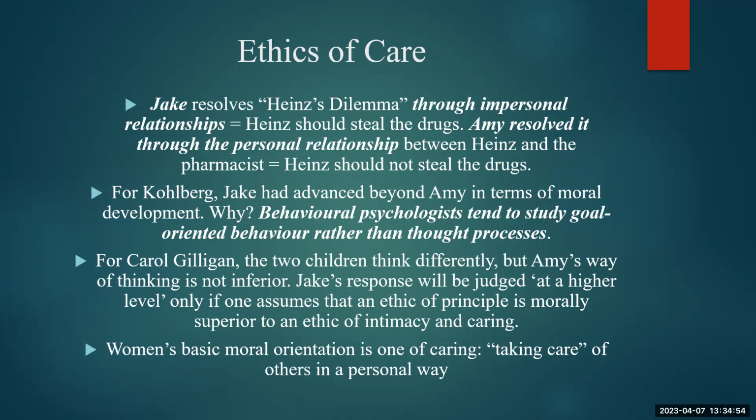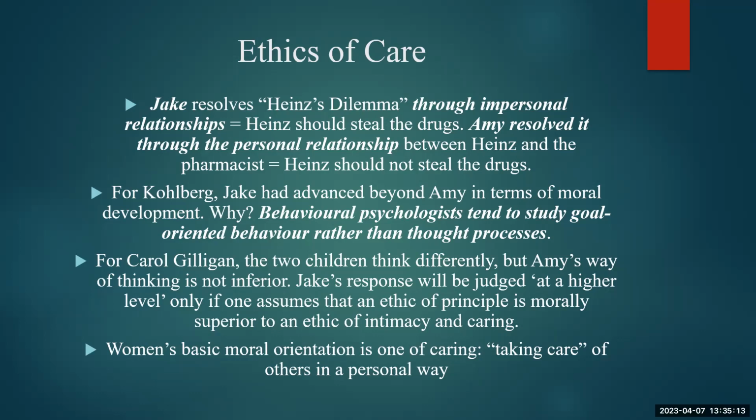So Jake is kind of action-oriented, and Amy is kind of personality-oriented. And so Kohlberg, using this thing called Heinz's dilemma, thought that Amy had only advanced to level 3 when Jake went beyond it.